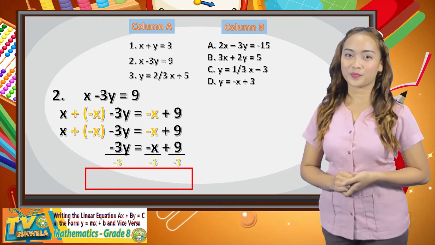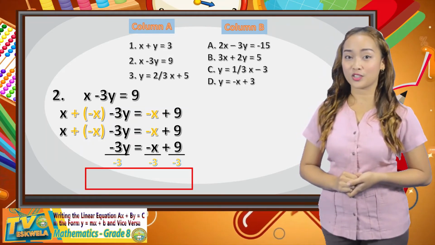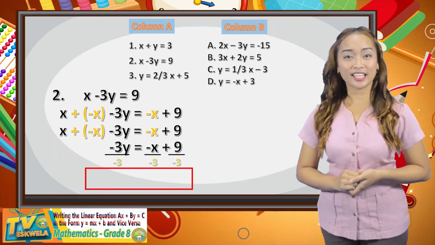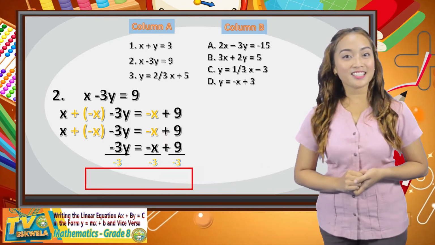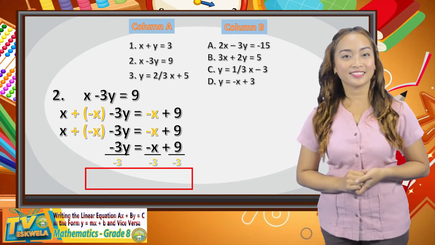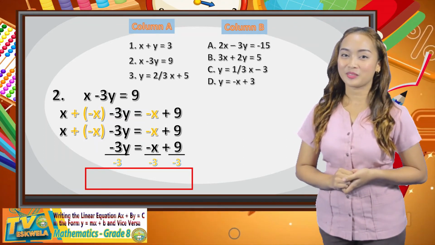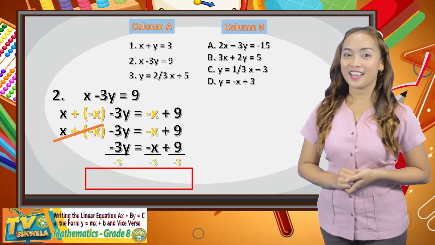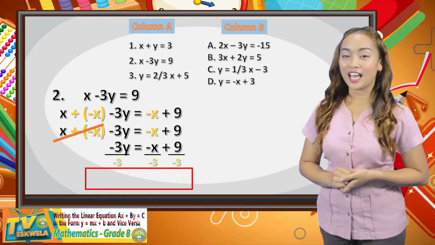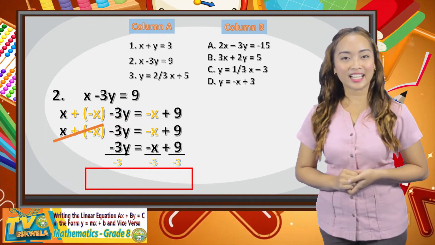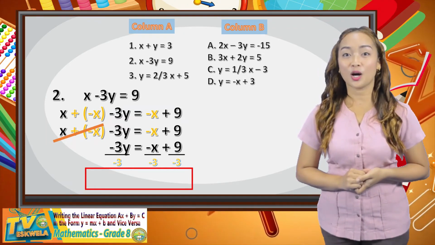Number 2. x minus 3y is equal to 9. Still, it's written in a standard form. Let's isolate y, add negative x to both sides, cancel x plus negative x on the left, and we got negative 3y is equal to negative x plus 9.